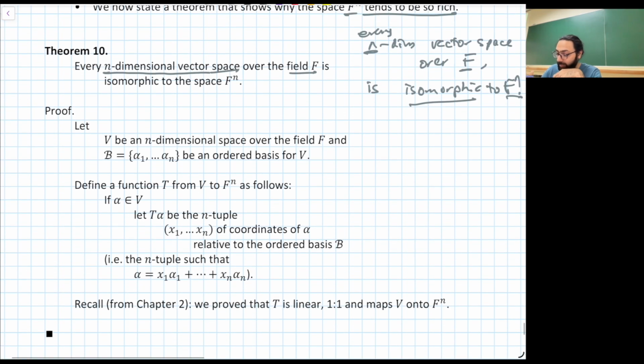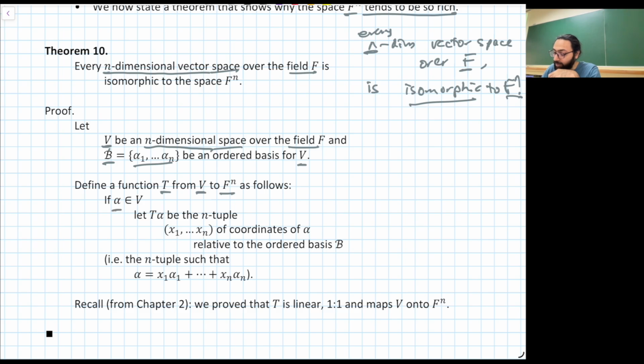So it says: let V be an n-dimensional space over the field F, and let alpha 1 to alpha n be some ordered basis for the space V. Now what we're going to do is define a function T that maps V to Fn as follows.